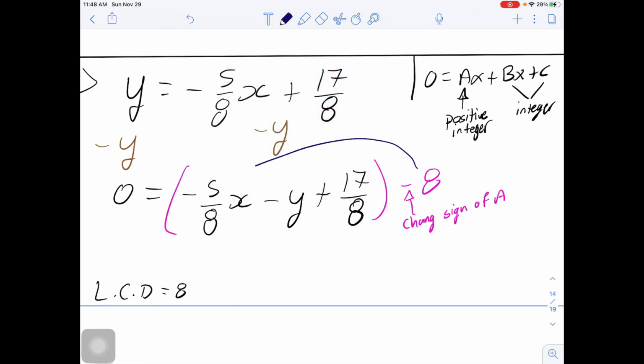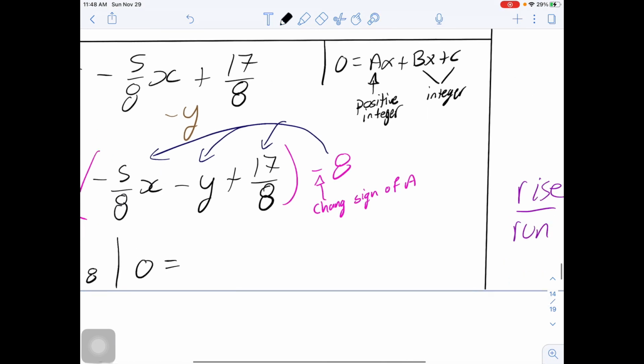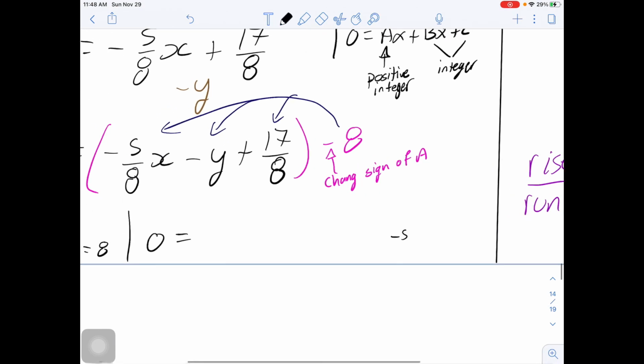Okay, so we're going to multiply negative 8 by everything. And this will become 0 equals negative 8 times negative 5 over 8. Well, that simply cancels out your 8s.